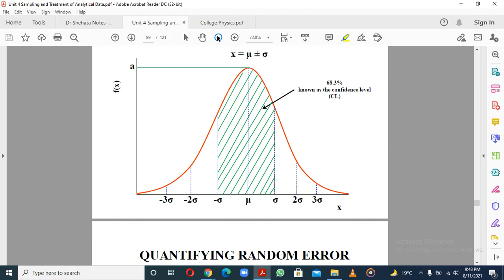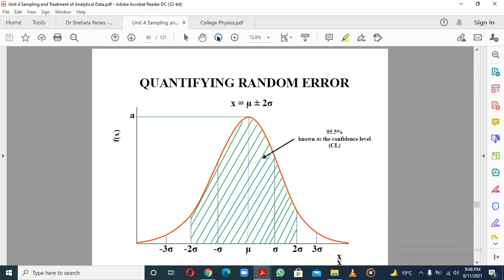So meaning that if you say I'm looking for a value which is plus or minus the mu amongst the sample, you've got a 68.3% confidence level to say you're going to find that particular value, a chance of 68.3%.